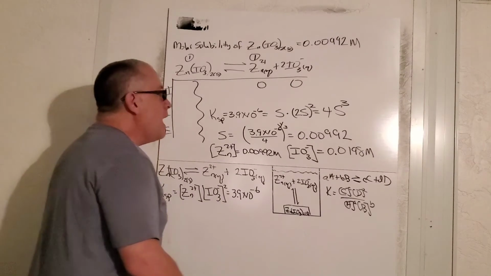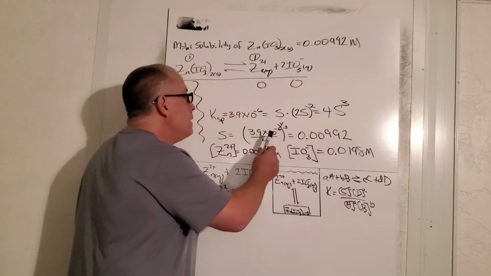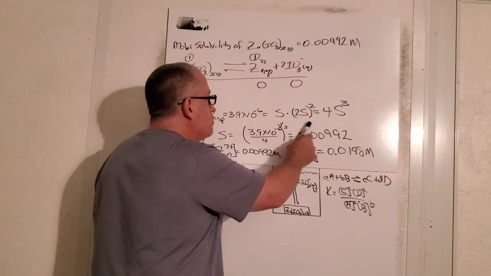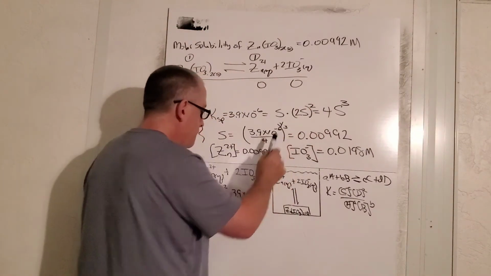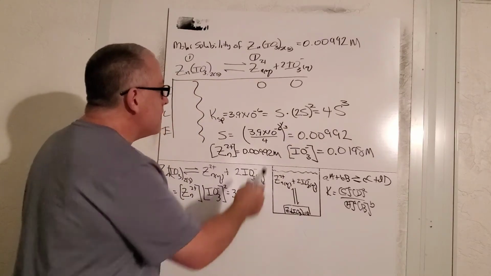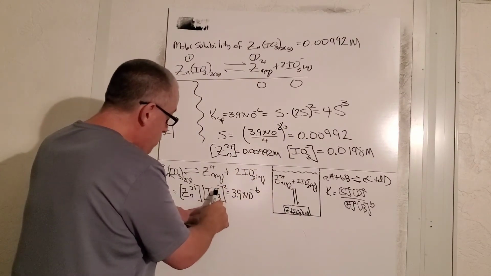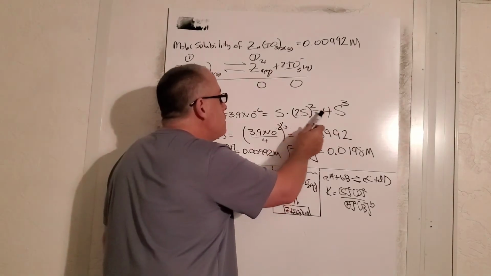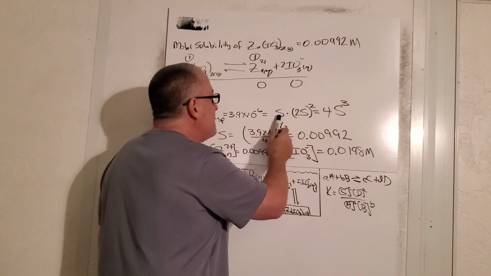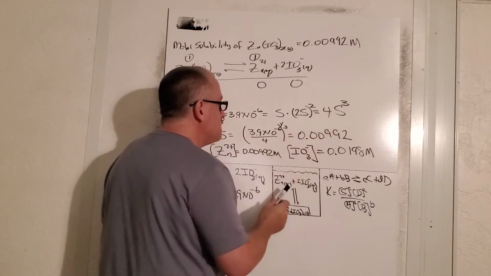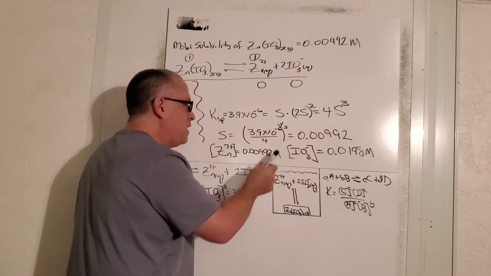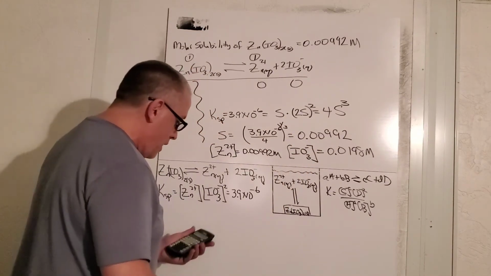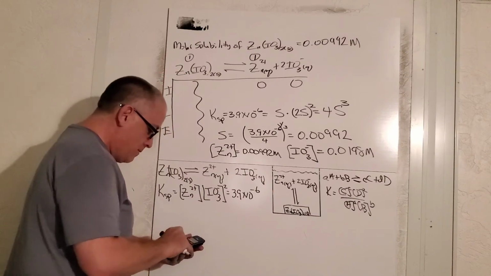Where you have to be careful is this part right here, the 2S squared. Because I got that it's 2S and then it's squared, so it's 2S squared. You have to make sure you square the 2 to get a 4. And don't forget, S times S squared is going to be 4S cubed. But you have to take the cube root properly, and I sure hope I did it in my calculator right.